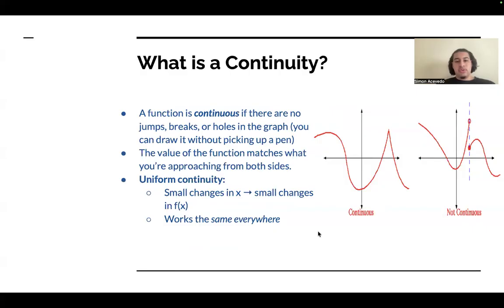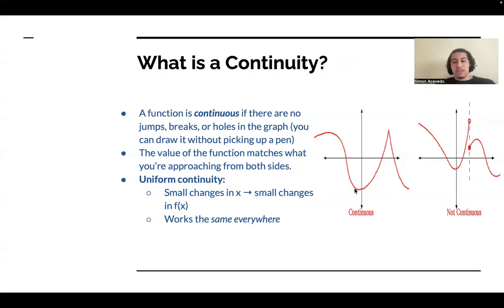What is continuity? Well, a function is continuous if there are no jumps, breaks, or holes in the graph, meaning you can draw it without picking up a pen. So for example, here, you can draw it. It's one continuous line, versus here, there is a jump. In terms of a limit, though, the value of the function matches the limit you're approaching on both sides.